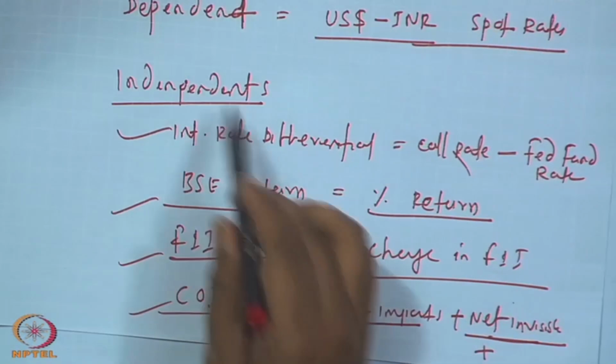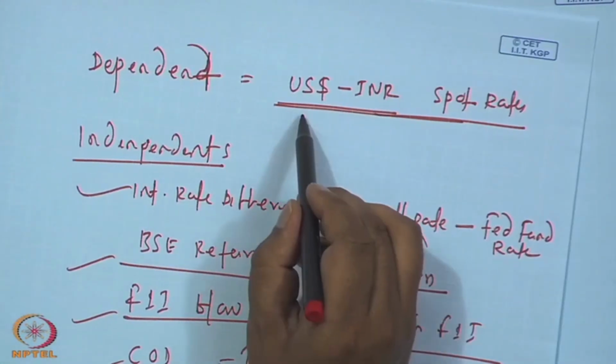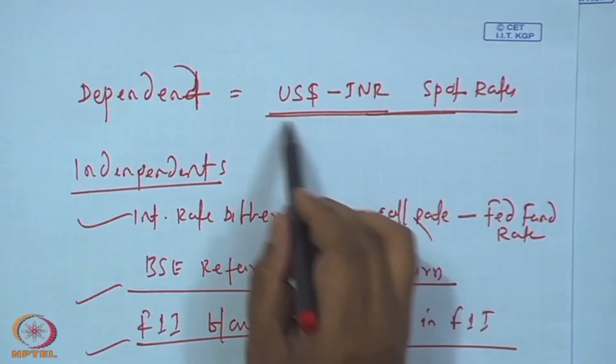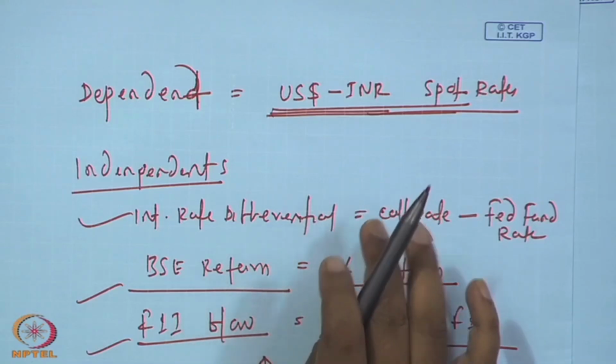How do these variables have a linkage with the spot rate, how do they determine the exchange rate in India? I tried to run an OLS regression.